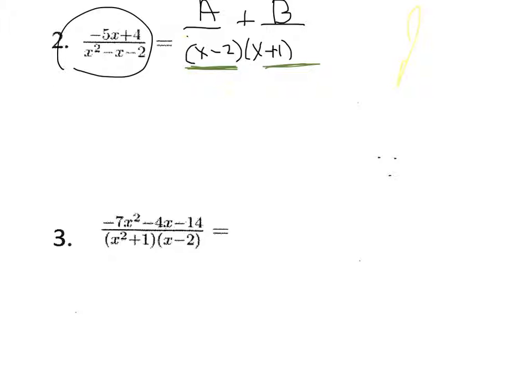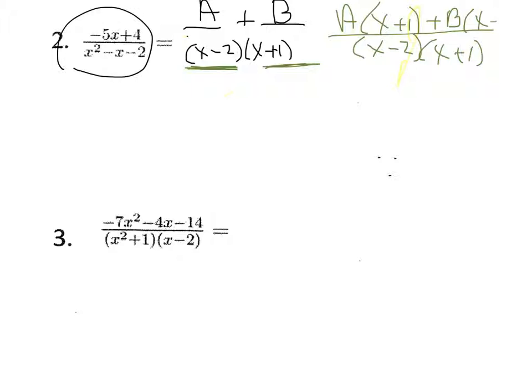The common denominator would be x minus 2 times x plus 1. So I would multiply the A times the x plus 1, and the B times the x minus 2. Does that make sense to everybody?